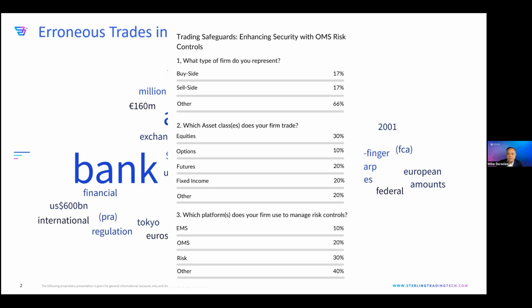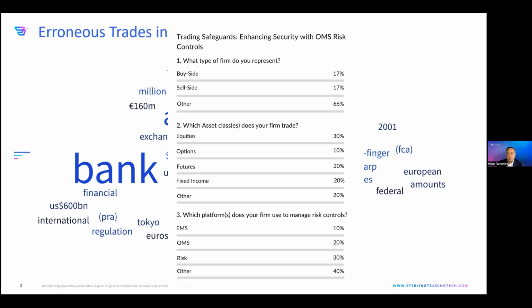And then lastly, in terms of the different platforms that people are using. This is what we hear from customers: it's not just the order management system that has the risk controls. It could be an order entry platform, a risk platform, of course, and other platforms. If you're a firm that only has risk limits in different platforms, that's a common setup that we see, with different platforms managing the risk.